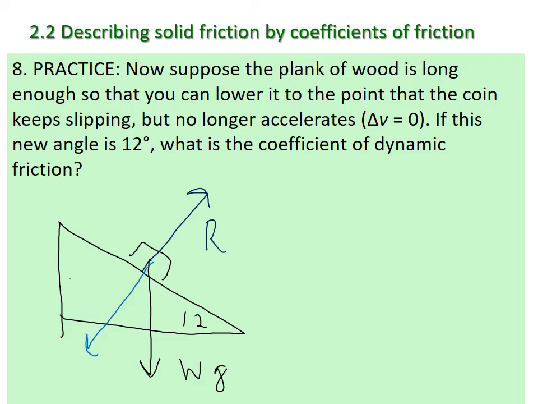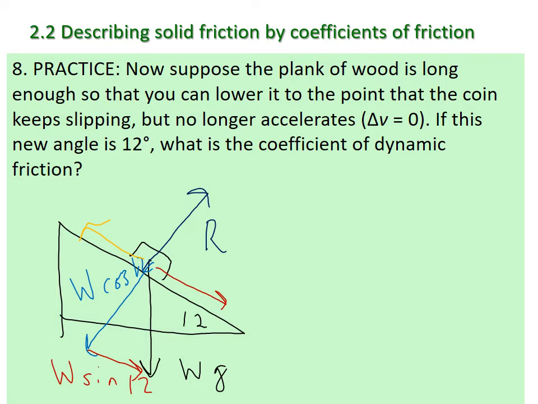This is W cosine of 12 degrees. We have the force of gravity that causes acceleration down the ramp. That is W sine of 12 degrees, which I can translate up here as well. I have my force of friction that prevents the object from accelerating. That's why the velocity is constant.